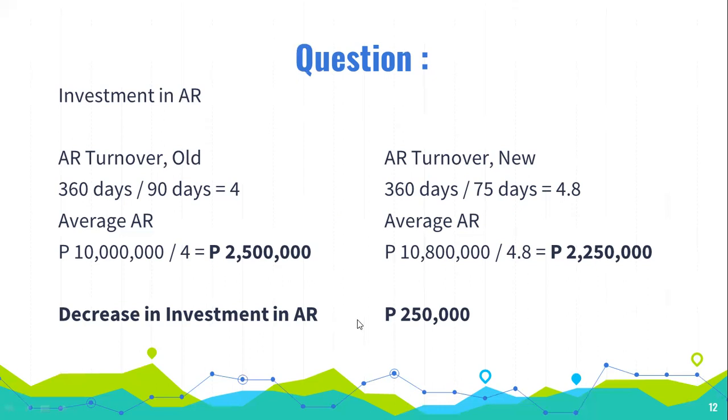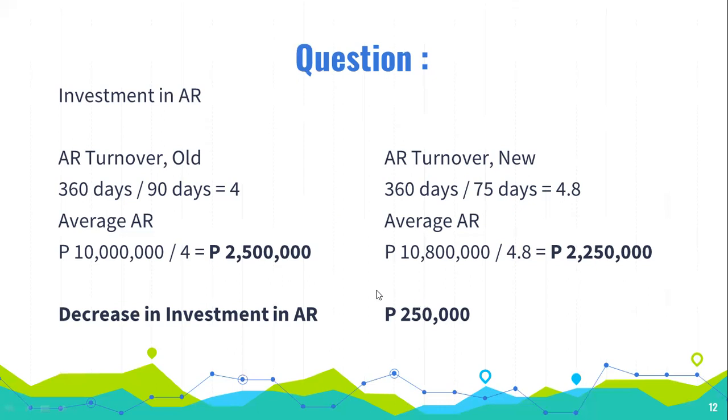This is favorable. If the investment in accounts receivable is lower, it means that the company is able to collect cash sooner than in the old policy. This is important given that the 250,000 pesos can be used by the company for other investments that will yield a return.